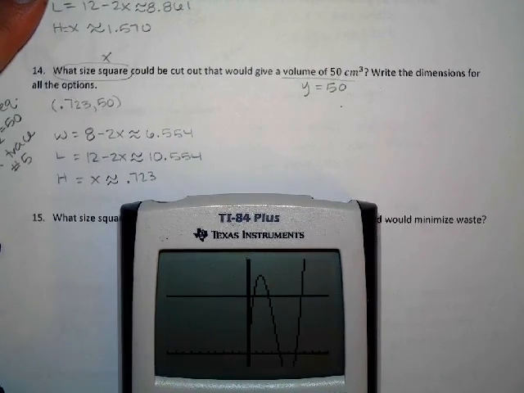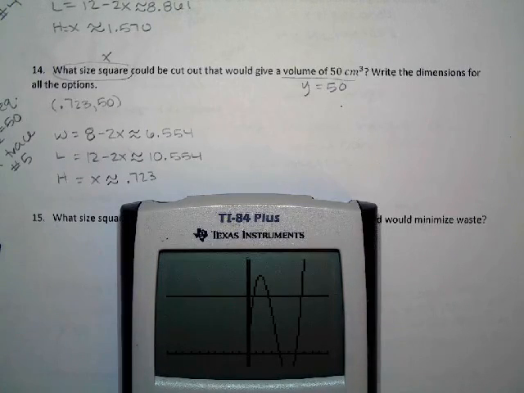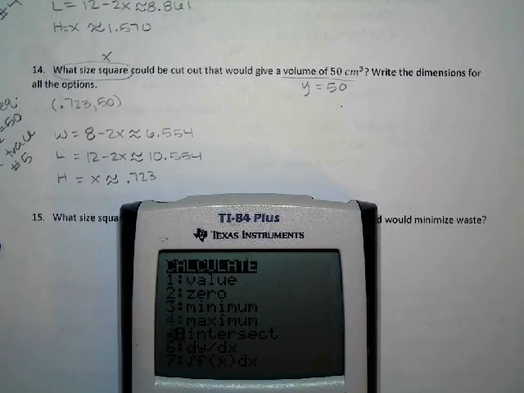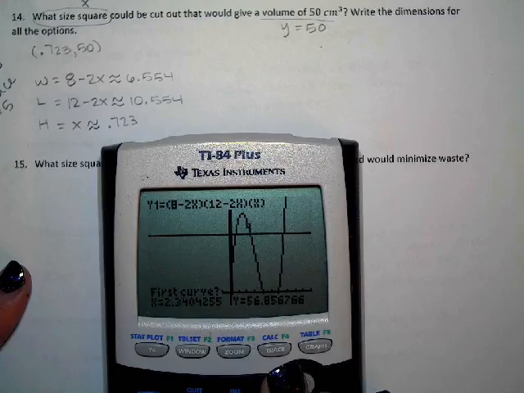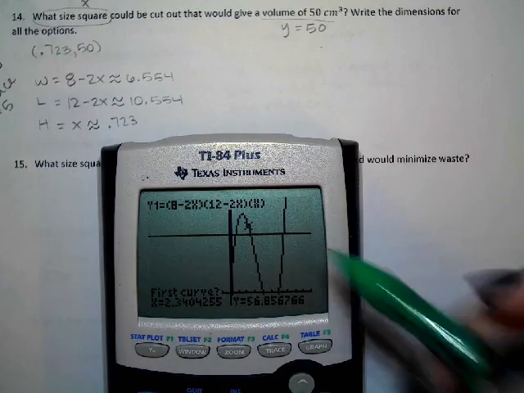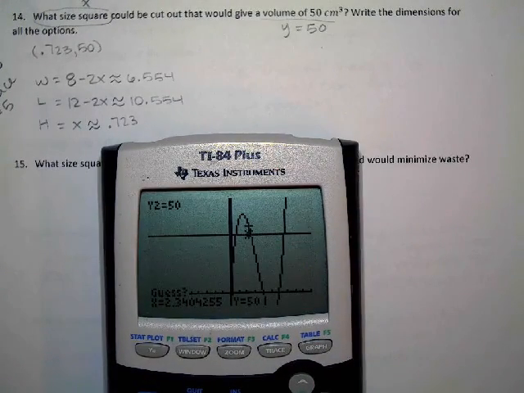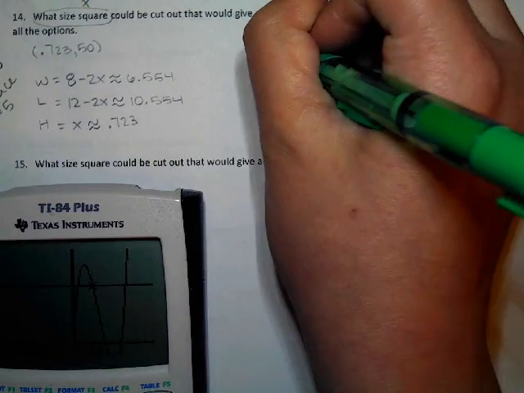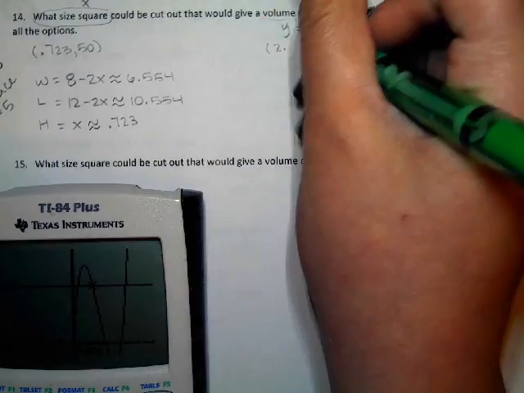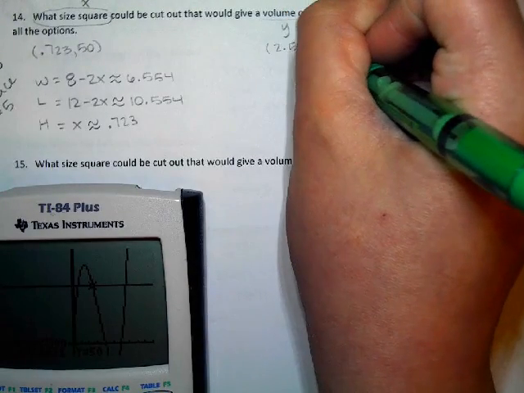I'm moving the cursor closer to that one, enter, enter, enter. I'm going to hit second quit, type the X button just to make sure. Yep, it took that X value for me, it saved it.